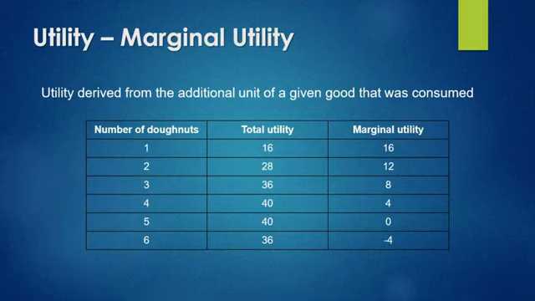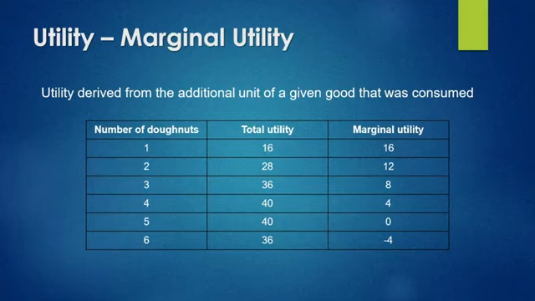The difference between unit 3 and 2 is 8. The difference between unit 4 and 3 is 4. And then if we get to unit 5, we see that our total utility is the same as level 4. So that's why our utility is at 0, which illustrates that we are completely satisfied.